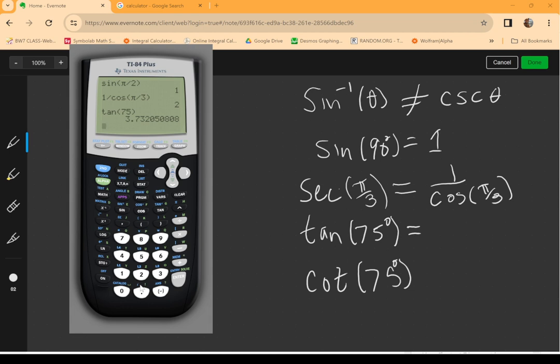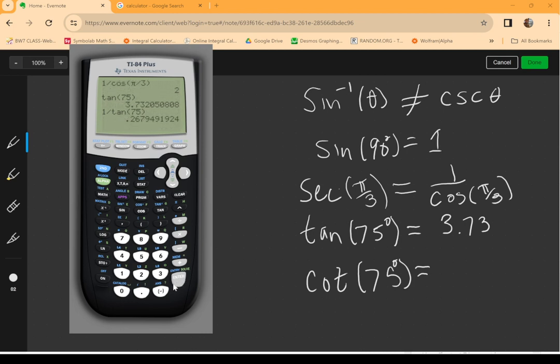Unless stated otherwise, 2 decimal places should be more than enough here. So 3.73, rounded correctly. Now for cotangent of 75 degrees, again, there is no cotangent button here, so we would have to do the reciprocal of the function, 1 divided by tangent 75 degrees.